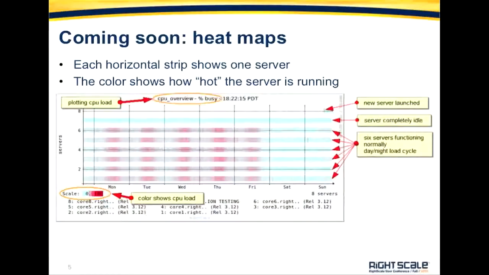During the day, users are actively on the site, and during the night, the activity goes down. So you can see that clearly in the reds that happen every day. And it's easy to see patterns as before. The server that was idle is shown here, and the server that is being launched is in this row.